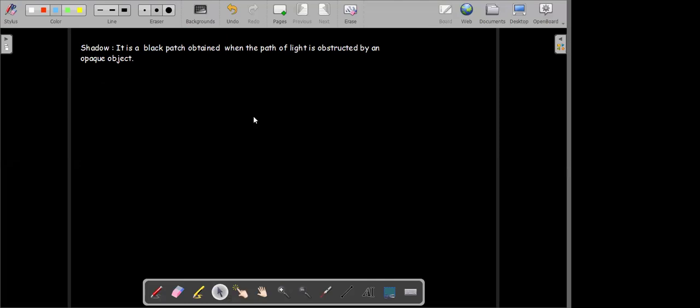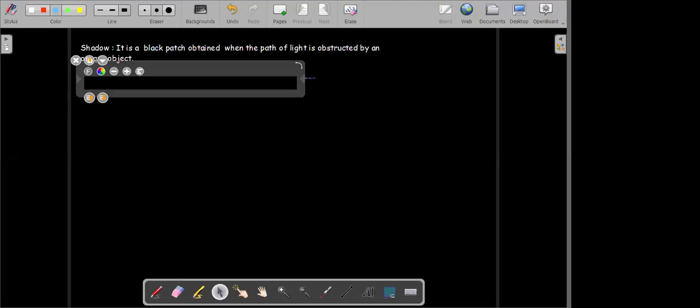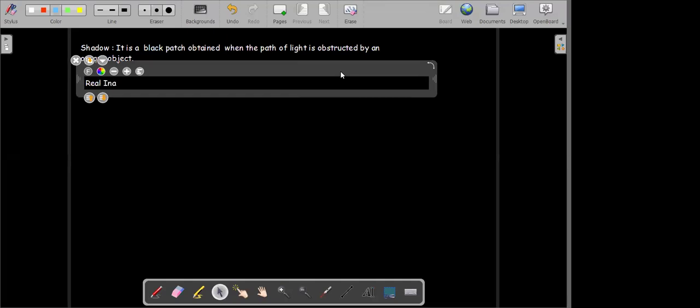Now I think everyone is clear about the real and virtual images. Sir, a real image is an image which can be obtained on a screen, sir. Virtual means which cannot appear on a screen, sir. Okay. So, what about the images in a theater?